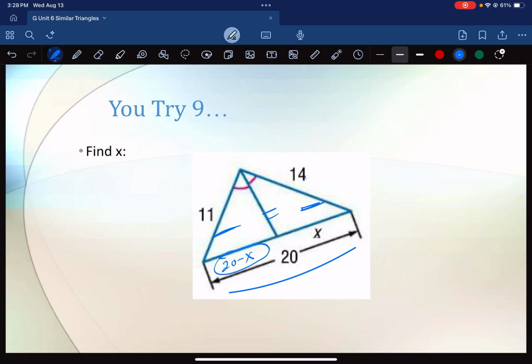Okay, so now I've got 11 over 20 minus X, and I got 14 over X. So that's 11X. 14 times 20 is 280 minus 14X. I'm going to add 14X, making 25X equals 280. And X is 11.2. Okay?